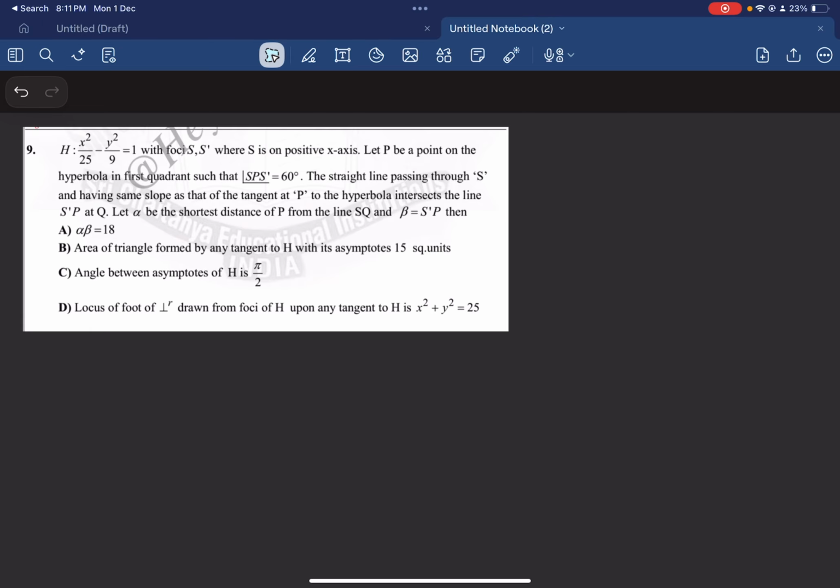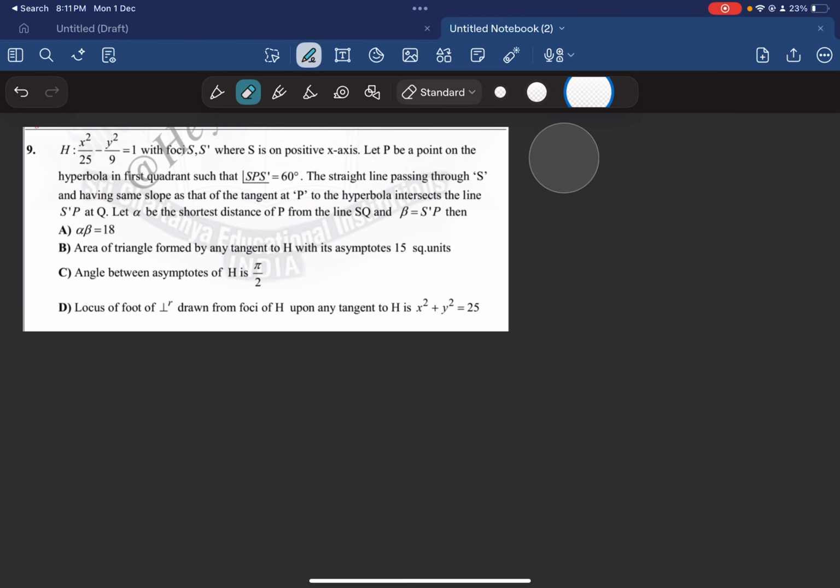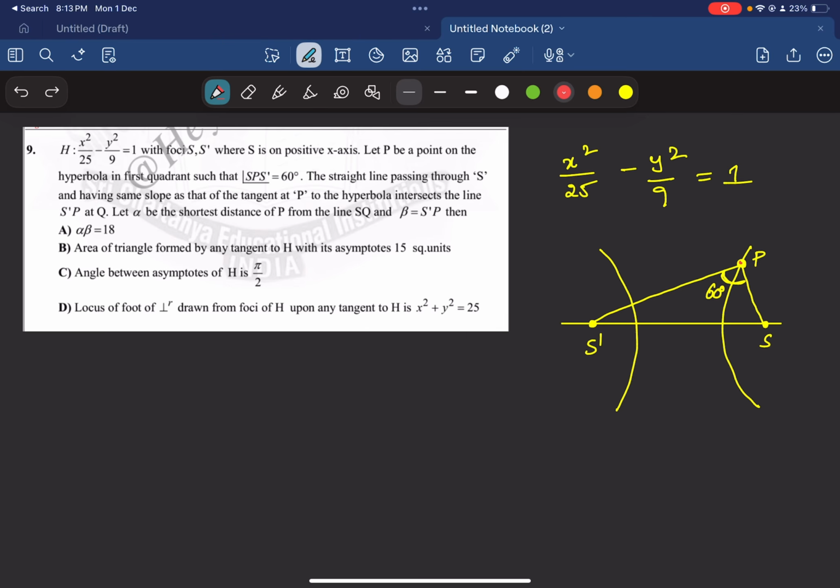Okay, so I've pasted the first question here. What you have here is a hyperbola. In the question, you can see there is an equation given: x square upon 25 minus y square upon 9 is equal to 1, with foci S and S dash, where S is on the positive x-axis. Okay, let me draw a proper tangent.